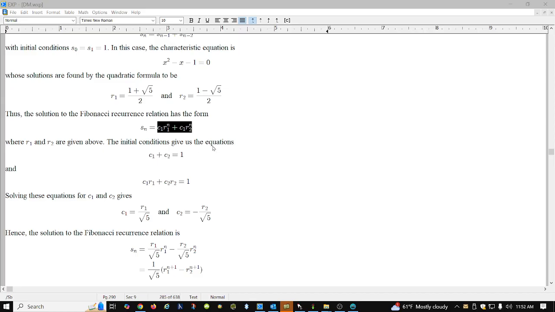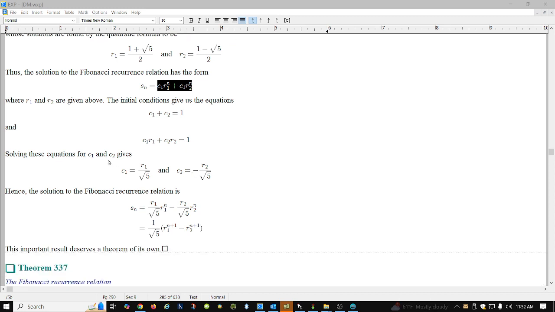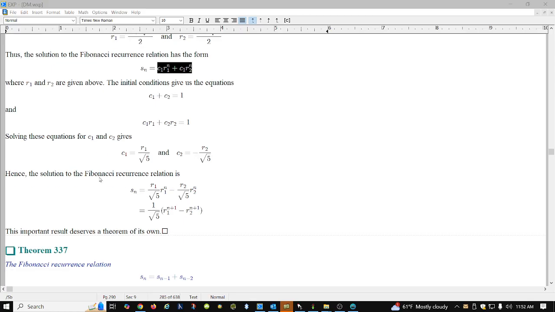The initial conditions, S naught and S1 are both 1, gives us this equation and this equation. Solving these, we get C1 and C2. So this is the solution to the Fibonacci recurrence relation.